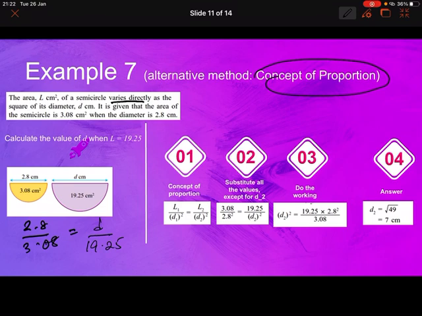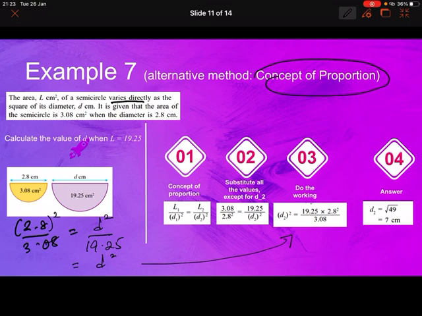Oh sorry, it's the square of its diameter, so we square the diameters. Then you calculate the value to get the answer. The diameter is 7. So you can use either way as long as you show your full working.